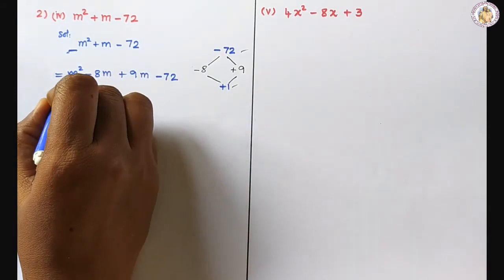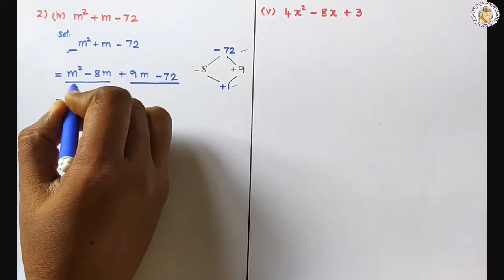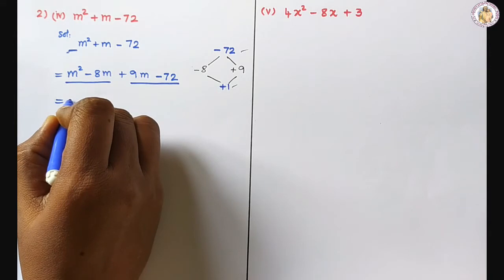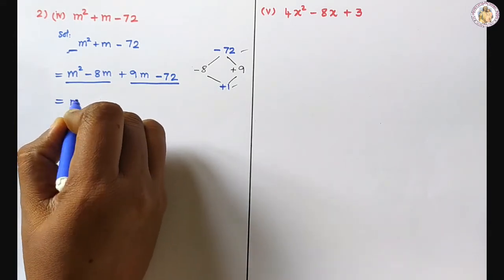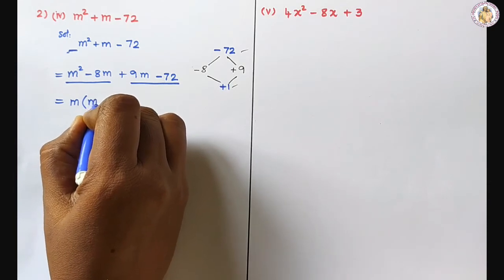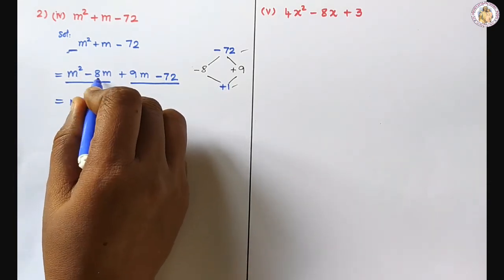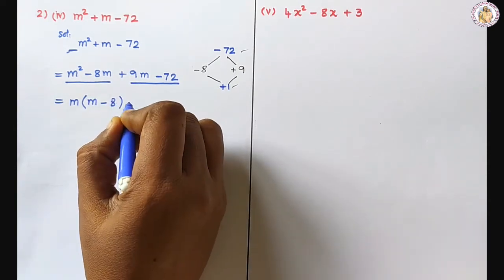Listen, take first two terms and second two terms. In first two terms, m is the common one. So taken out. Inside the bracket, m is balance here, minus 8 is balance here.